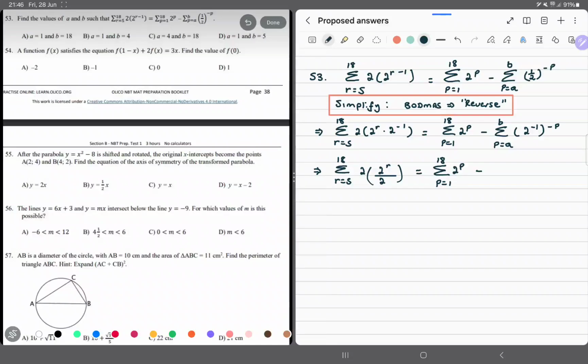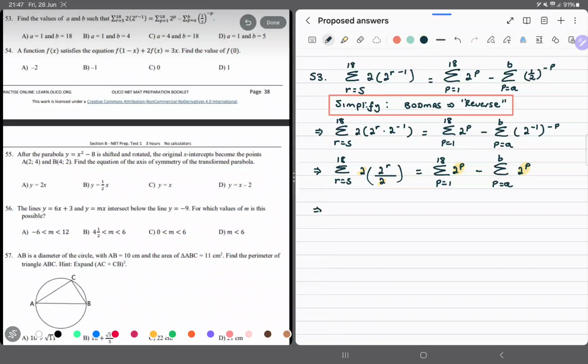So we sort it out nicely. So this is going to be 2 to the exponent p, essentially. So what this reveals is that these two general terms are the same, essentially. And obviously, this 2 will cancel that 2.